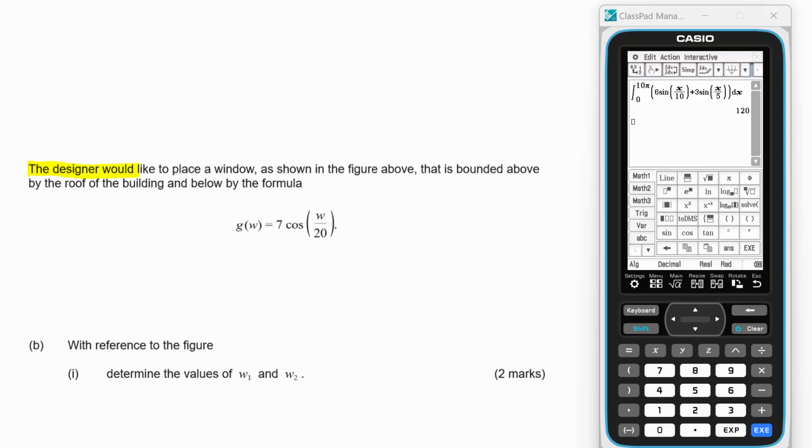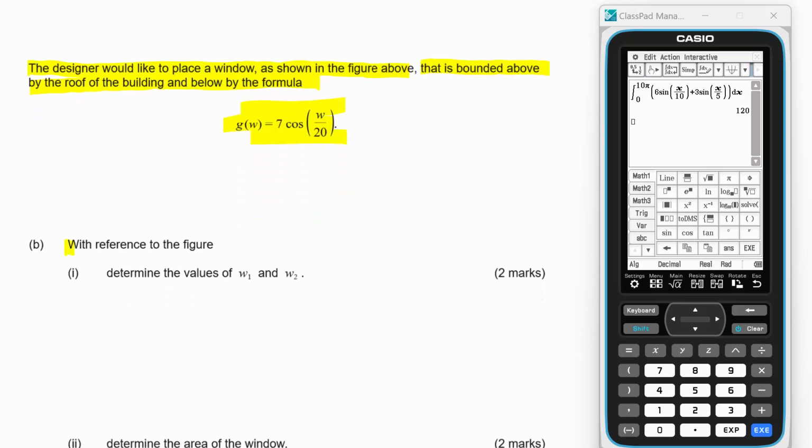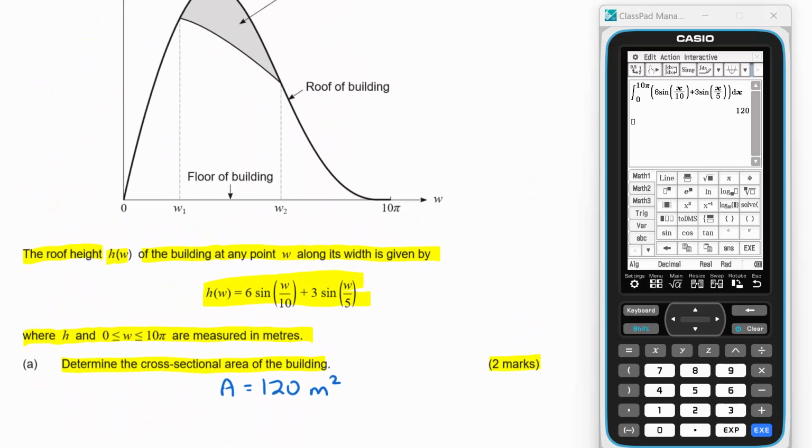The designer would like to place a window, as shown in the figure above, that is bounded above by the roof of the building and below by this formula here. With reference to the figure, determine the values of W1 and W2. So let's have a look. What are those?